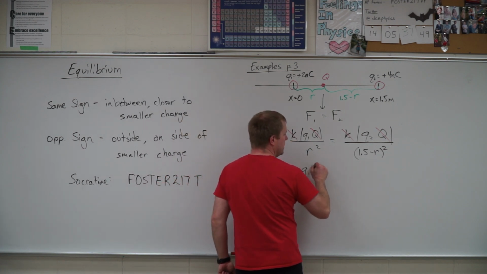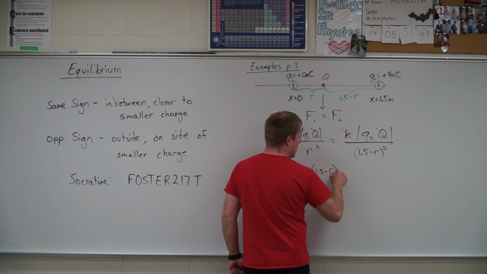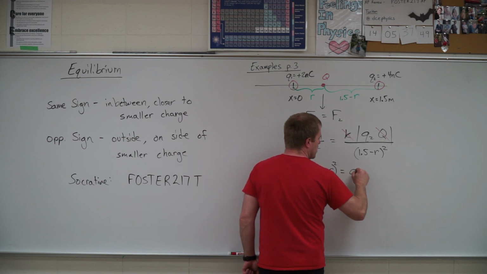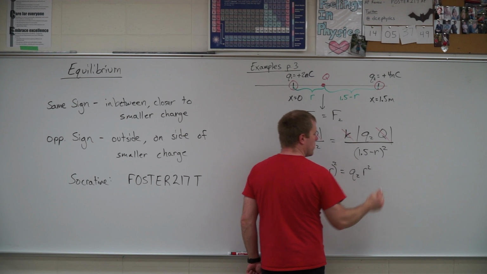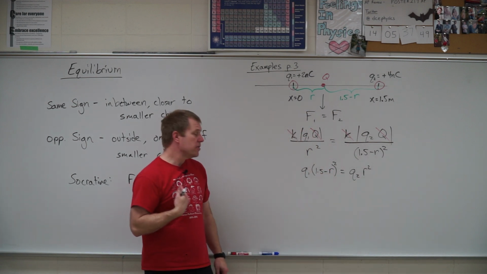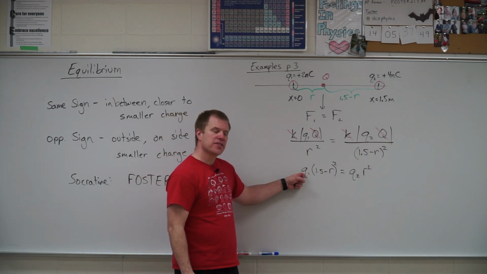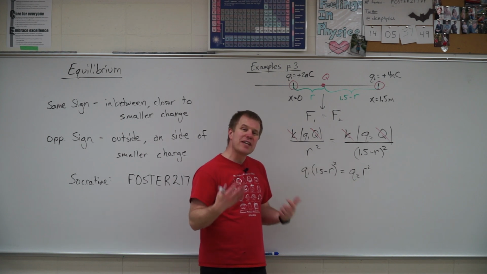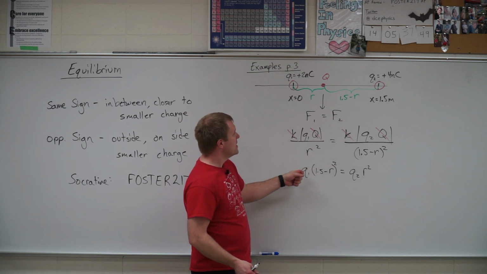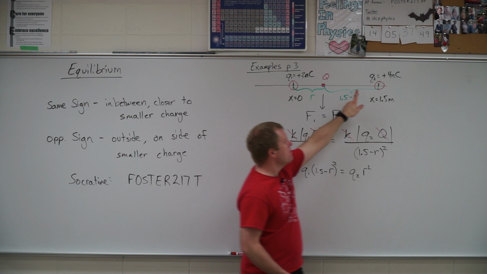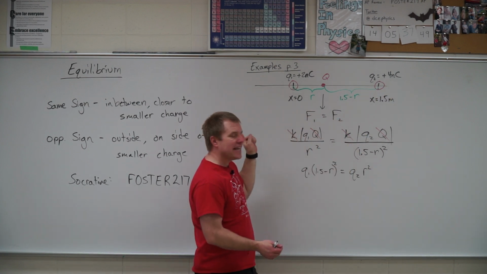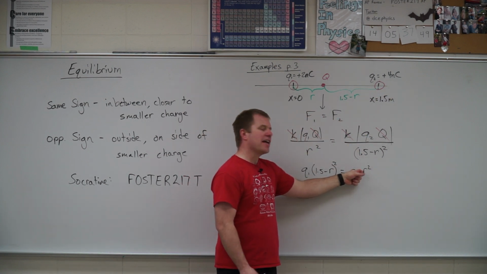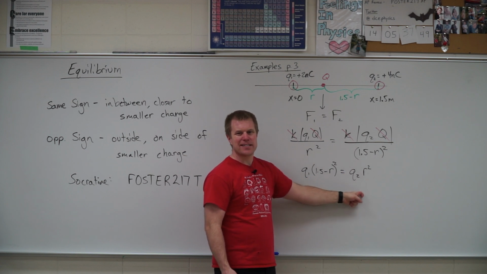So now I have Q1 times 1.5 minus R squared equals Q2 times R squared. I personally like to always divide this Q1 over here. The reason I like to do that is because typically these will have the same exponents, like nano and nano, so you get 10 to the negative 9 divided by 10 to the negative 9.